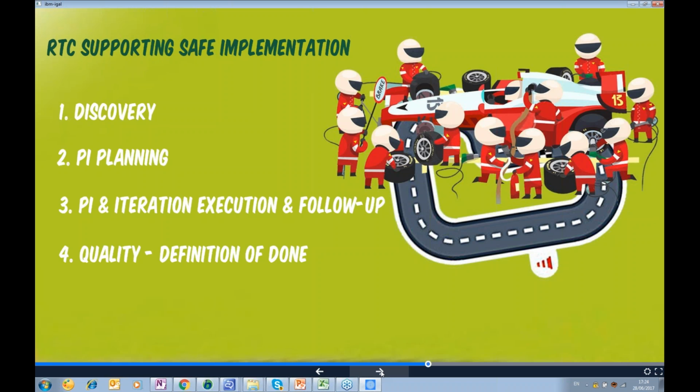The first one is the discovery. The discovery is the part where we are gathering all the requirements before going to the PI planning. The second is regarding the PI planning, and I'm going to touch more on each of them. The third one is the PI and iteration execution and follow-up. And the fourth one is regarding quality definition. So let's go one by one.